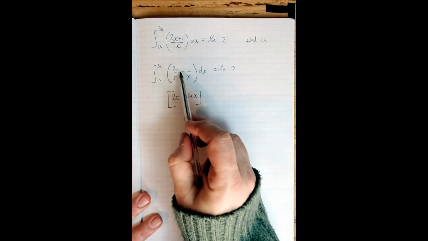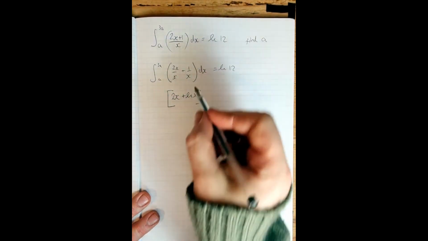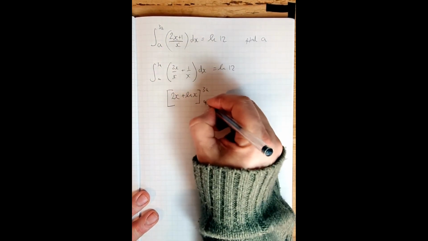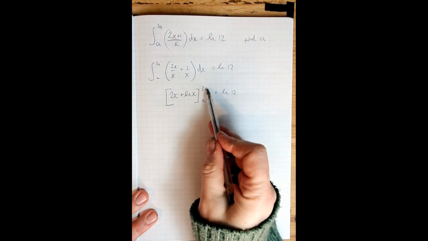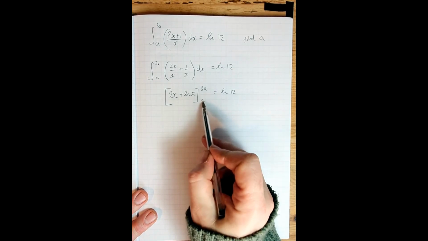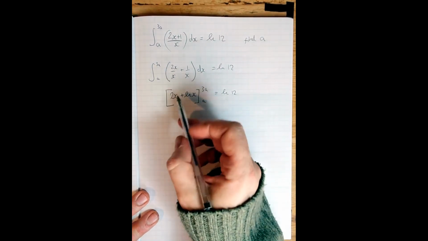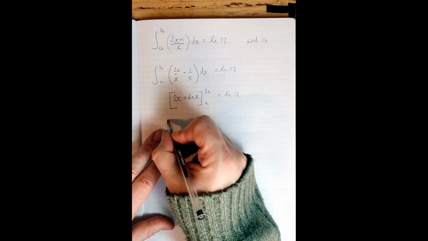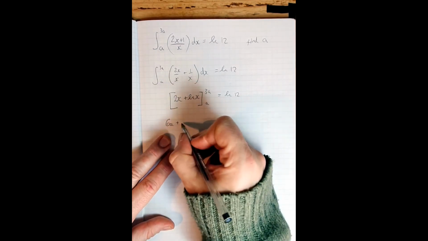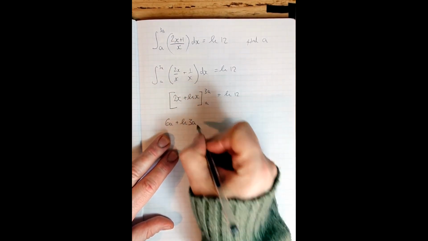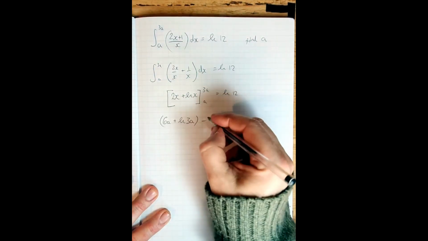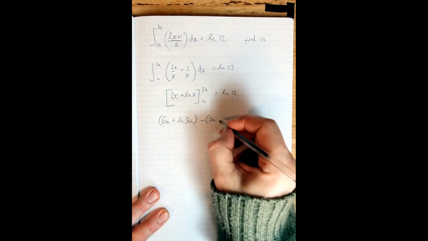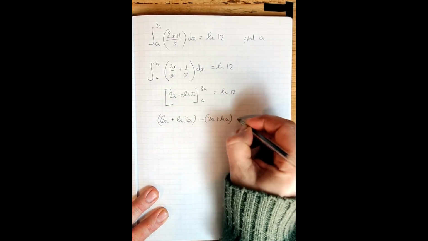So remember, the process is you integrate in square brackets, leave your limits in, and then you substitute in your upper limit, substitute in your lower limit, and subtract one from the other. So 2 times 3a plus ln of 3a, take away 2 times a plus log a.